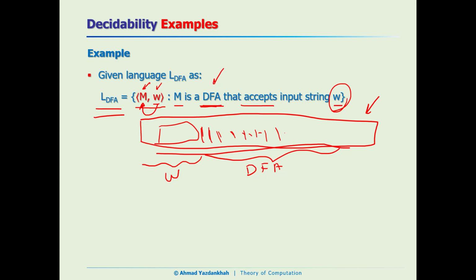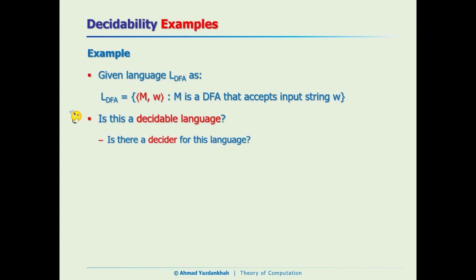Now the question is, is this language decidable? What does it mean? It means, can we create a Turing machine that accepts this kind of language?